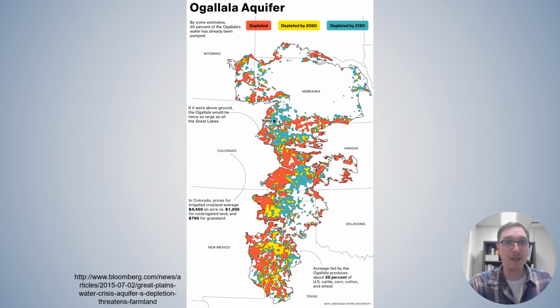Here is an example of modeling endeavors to look at depletion and drawdown within the Ogallala Aquifer. Currently, the red is depleted landscapes, and the yellow is estimated to be depleted by 2050, and the bluish green depleted by 2150.